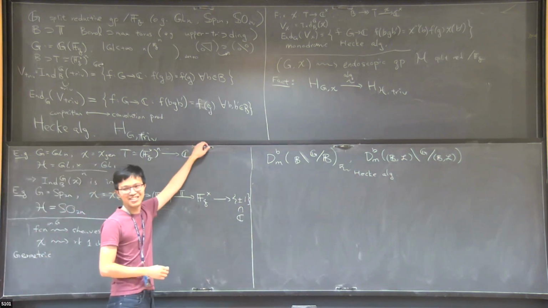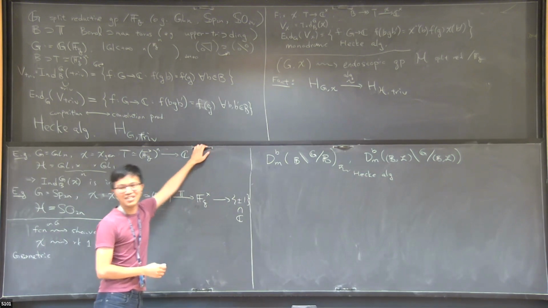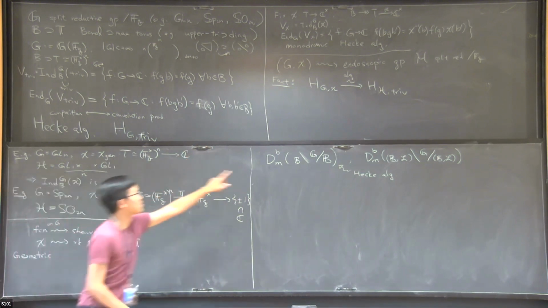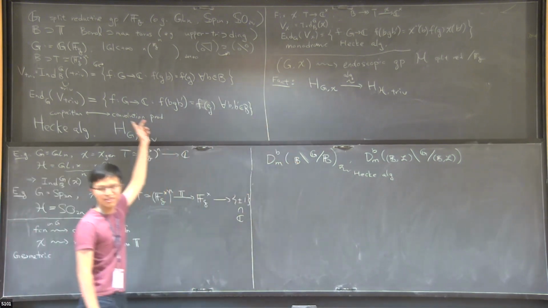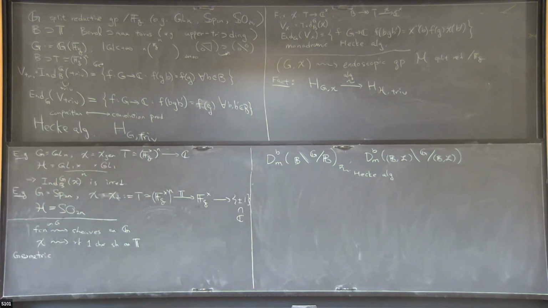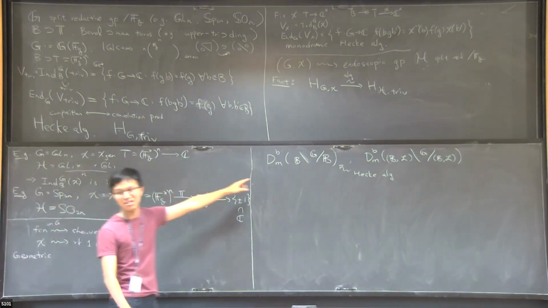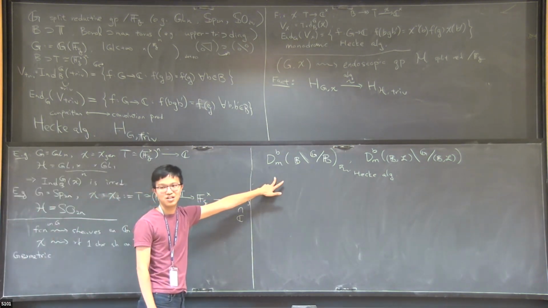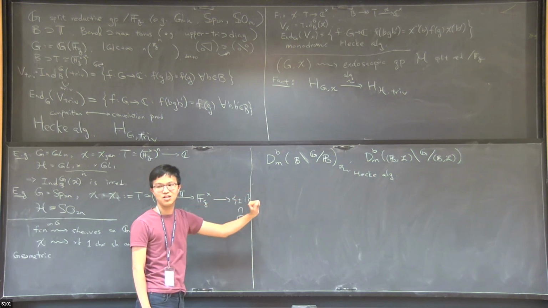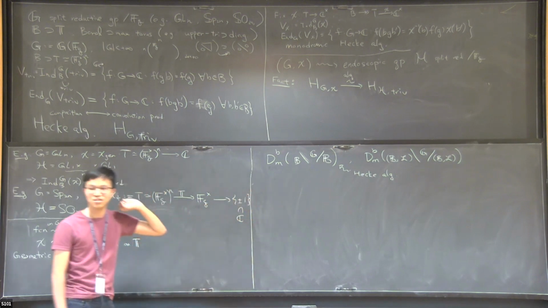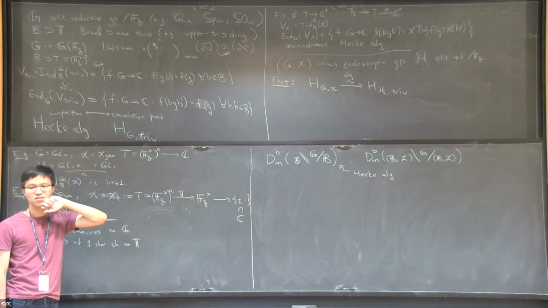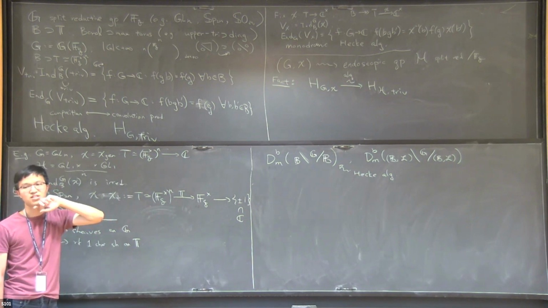Are you working over the algebraic closure of the finite field? It's a group over a finite field. So no, it's still Frobenius. It has Frobenius, so I fixed the Frobenius structure.